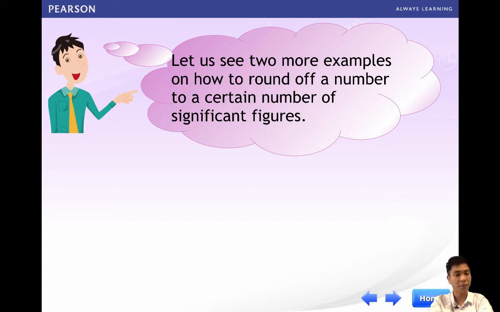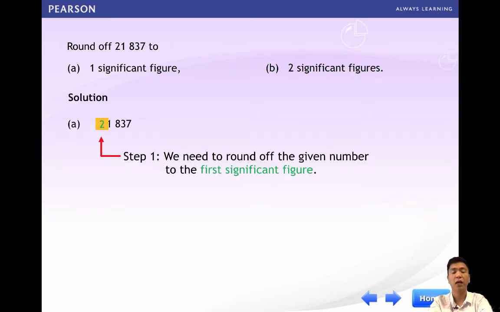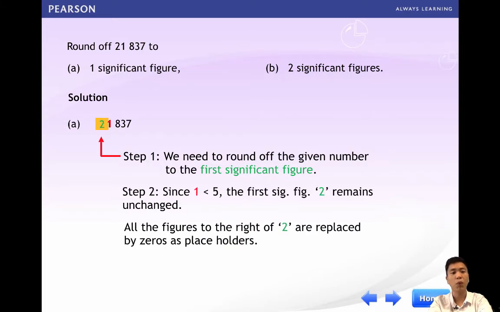So maybe we can look at some other examples. Let's say we have 21,837. We want to round off to 1 significant figure. That means only the first significant figure is important. So the 2 here is the first significant figure, and we look at the next digit, which is 1.